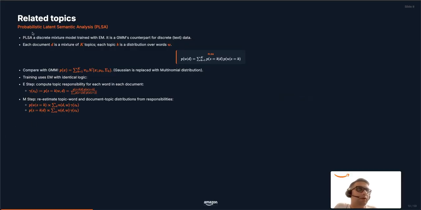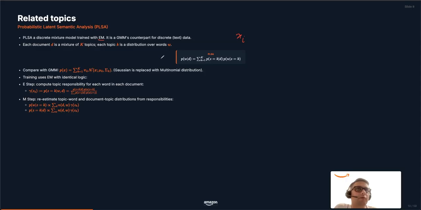One special case of using GMMs is in the case of discrete data. In this case, my x_i's themselves are discrete, and you use PLSA, which is probabilistic latent semantic analysis. It is a discrete mixture model, and similar to GMMs, it can also be trained using EM.